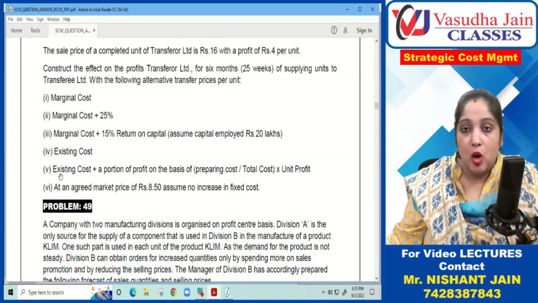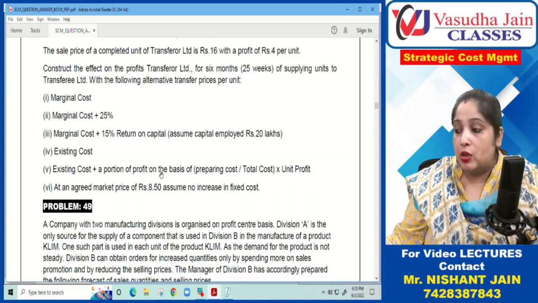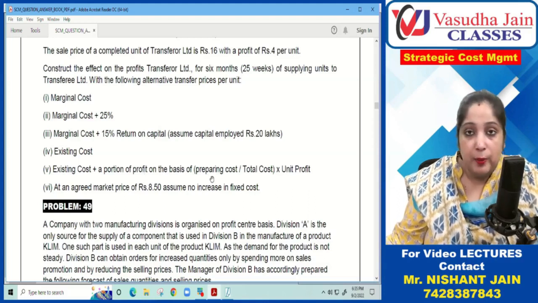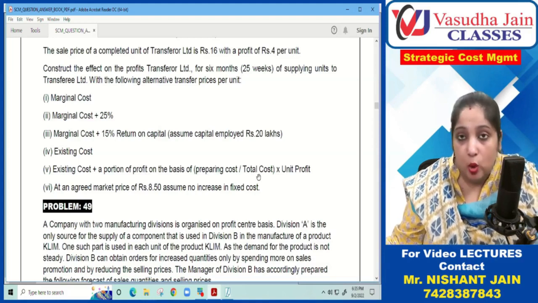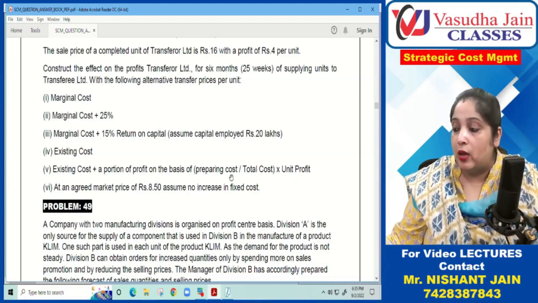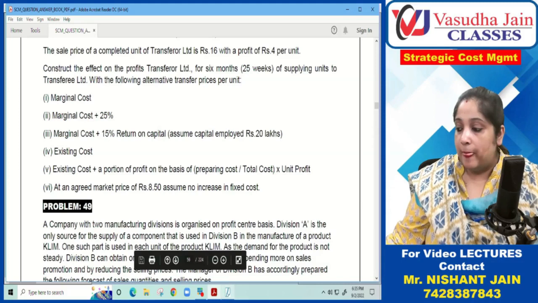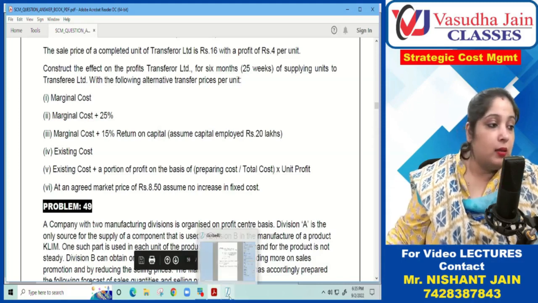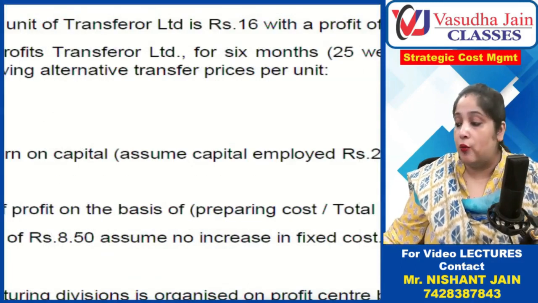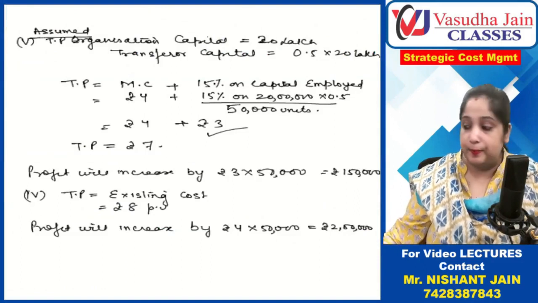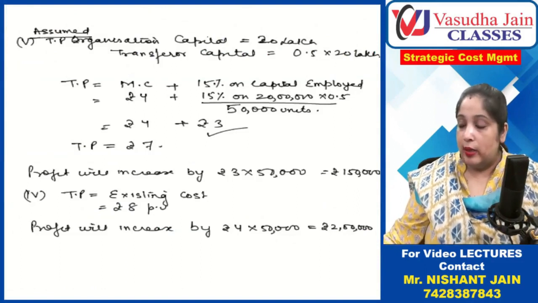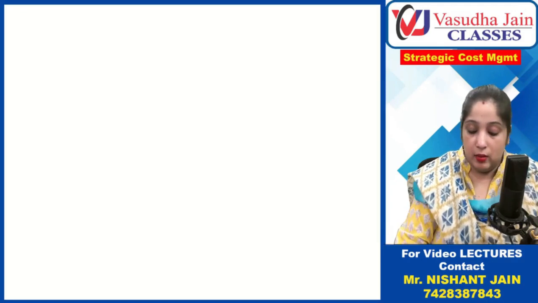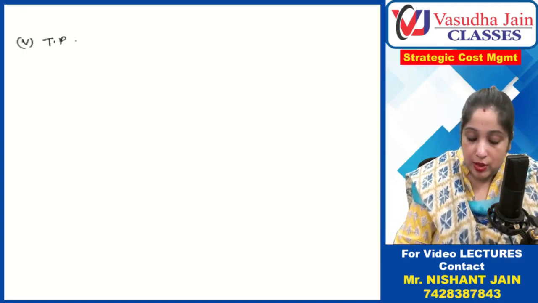So whatever the existing cost that you charge from Transferee Limited, plus some portion of profit you have to charge, like this. Whatever the preparing cost is divided by total cost into unit profit. So okay, let me write this. Going back, they are going to tell you directly what should be the transfer price. So let me write on the next page, fifth part, transfer price.